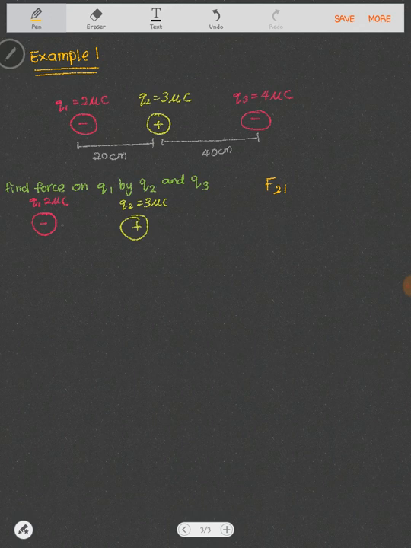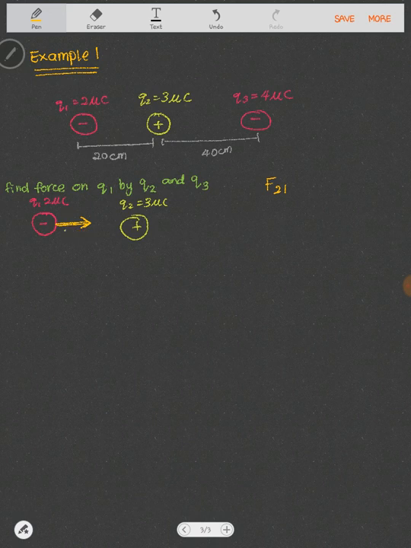So positif dengan negatif dia akan attracted to each other. So negatif dia akan attract ke arah sini dengan positif tu, and then positif dia akan attract dengan negatif ke arah sini. Tapi kita tak nak tahu pasal force on Q2, so just erase the arrow on Q2, on charge Q2.